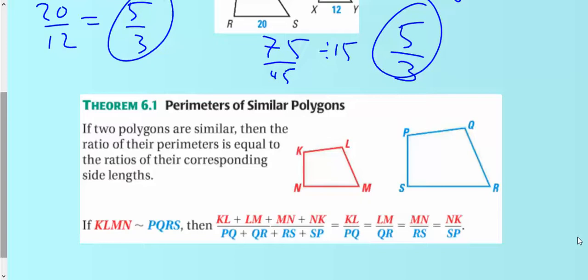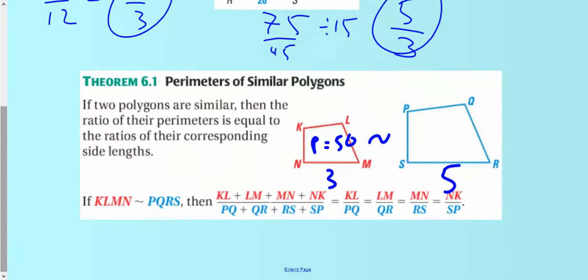So here's what I was saying. If you know that the two polygons are similar, the scale factor or the ratio of their perimeters is the same as the ratio of their side lengths. So let's say that these two polygons were similar, and you knew that this one was 3 and this one was 5. And you knew that this perimeter here was, say, 50.